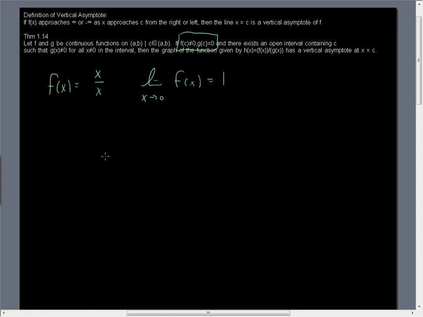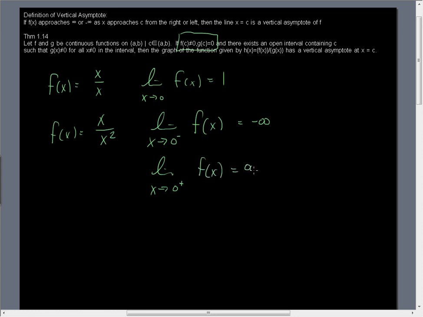However, now let f of x equal x over x squared. Now the limit as x approaches 0 from the left, or from the negative side, of f of x is equal to negative infinity, while the limit as x approaches 0 from the right, or from the positive side, of f of x is equal to positive infinity.